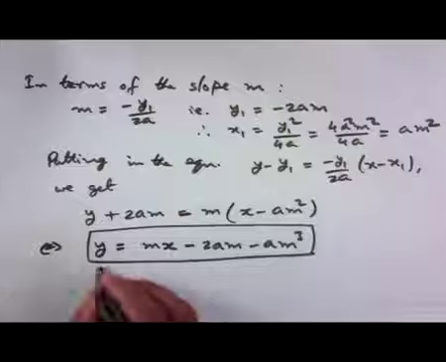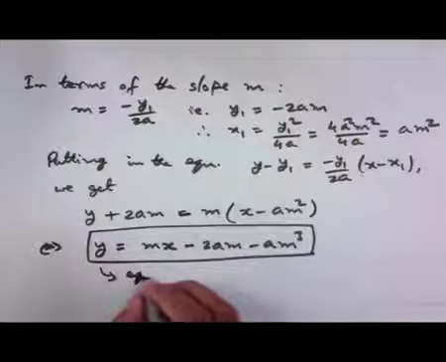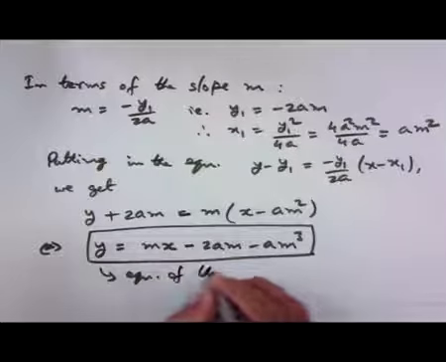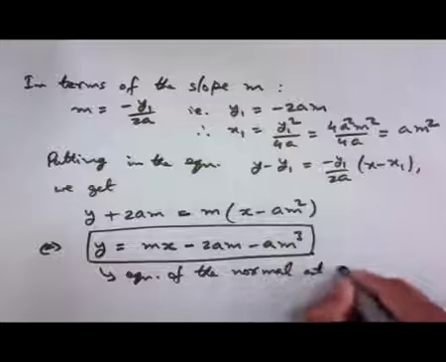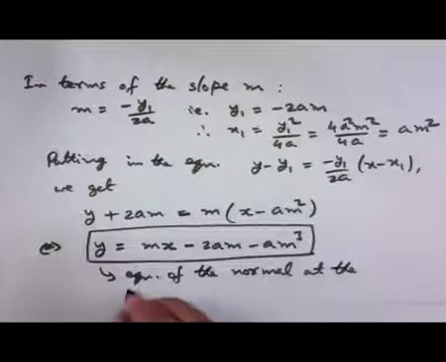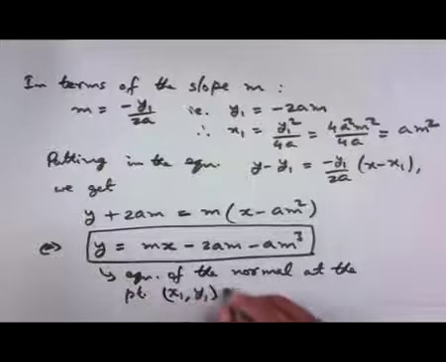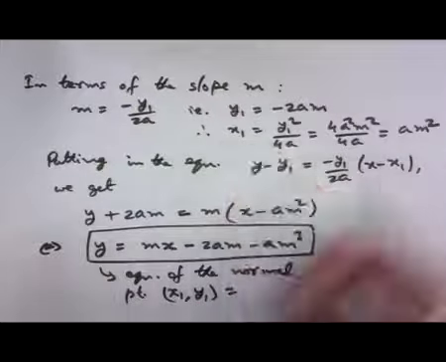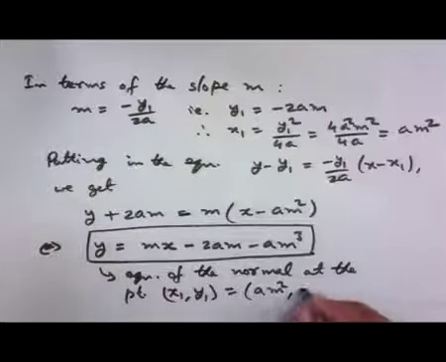So, this is the equation of the normal at the point x 1 y 1, which in terms of m, x 1 is a m square and y 1 is minus 2 a m.